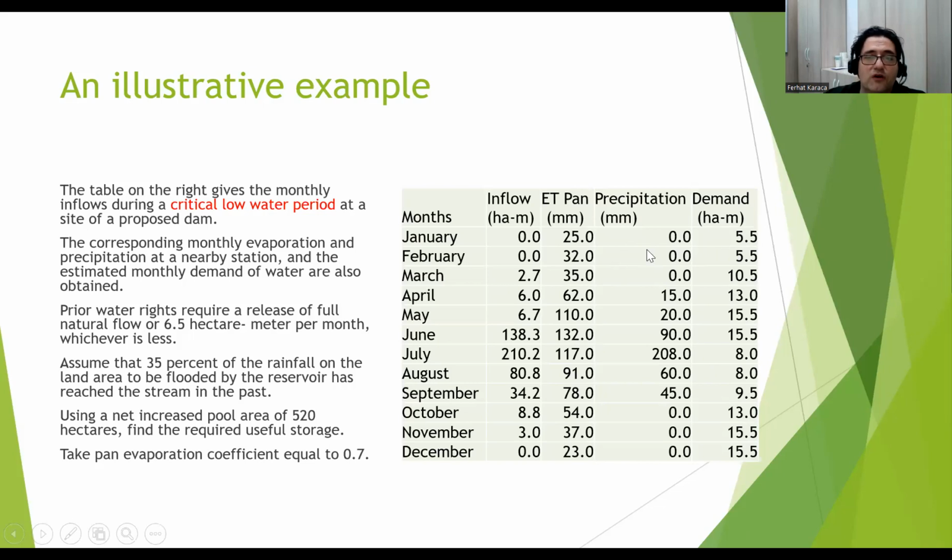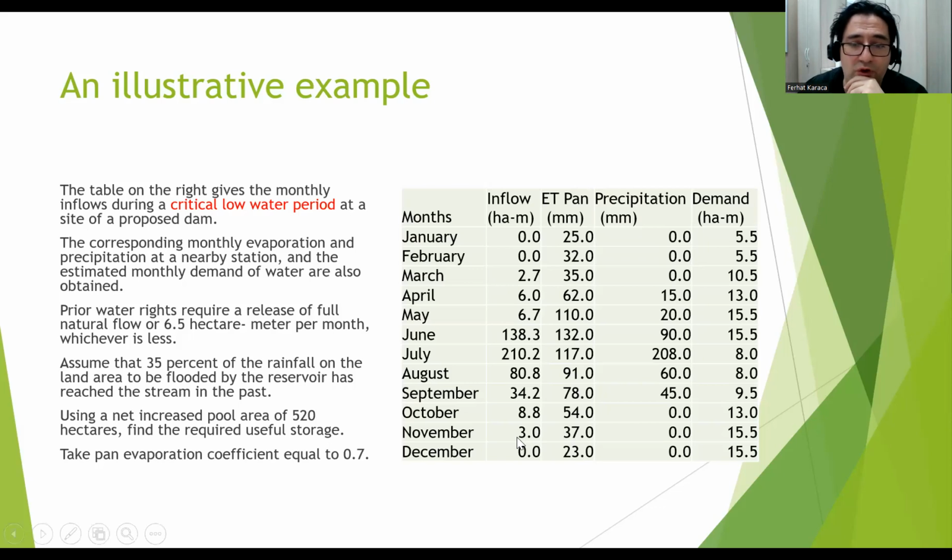It is something else. The natural flow requirement 6.5 means that when the water is flowing like a river, you cannot collect water if the amount of water is less than 6.5. It means that in January, February, March, and April, you cannot hold water. It is against the human rights. This river should keep flowing as it is during these four months because the region needs that water. Plants need that water, animals need that water, the nature itself needs that water.